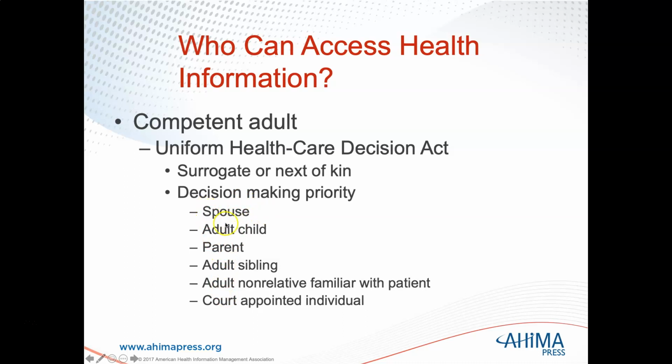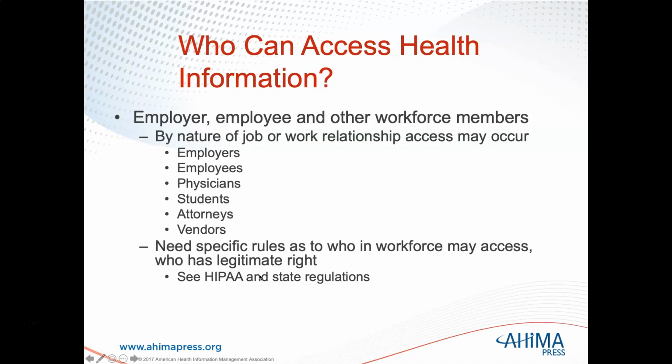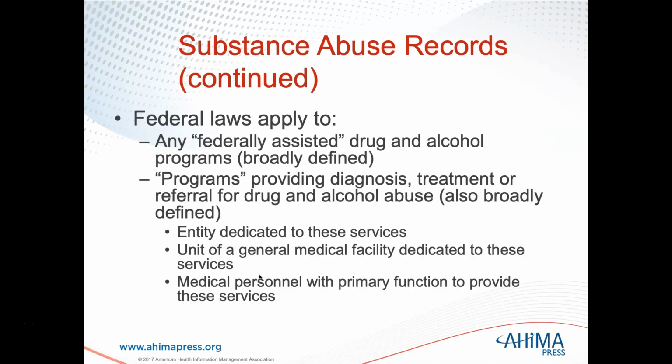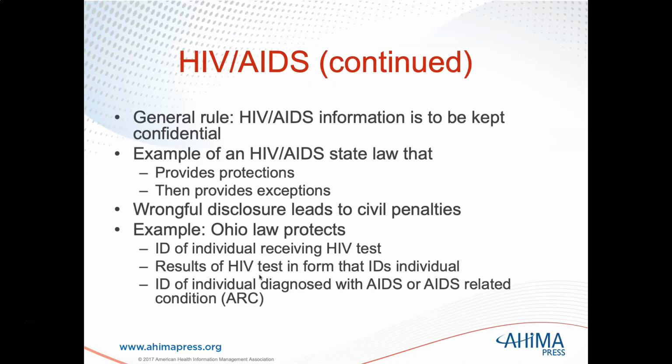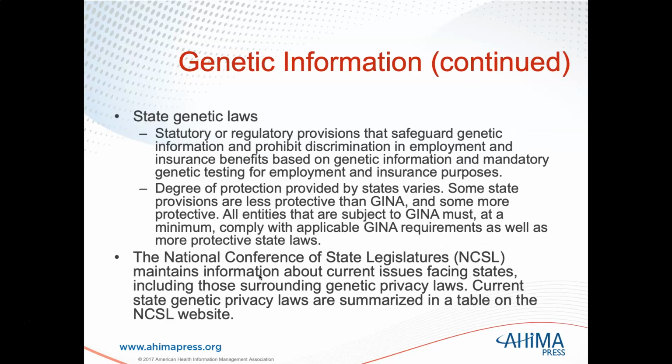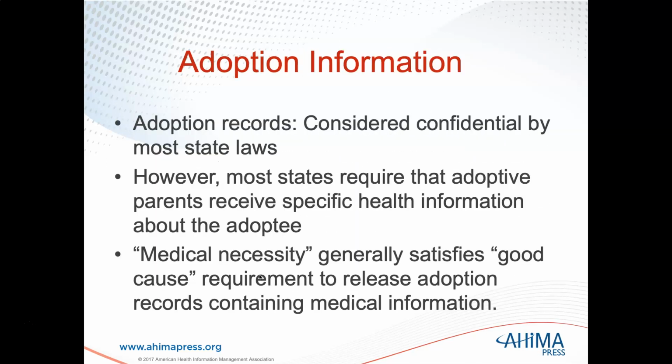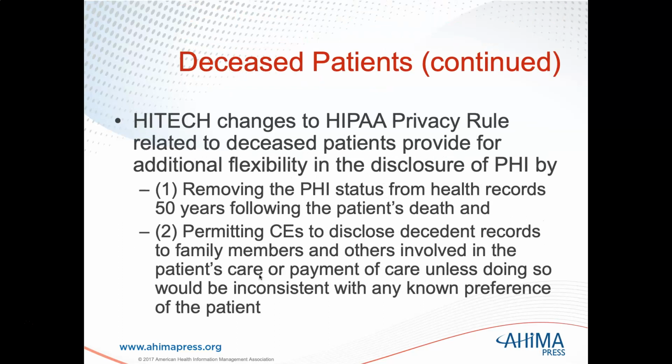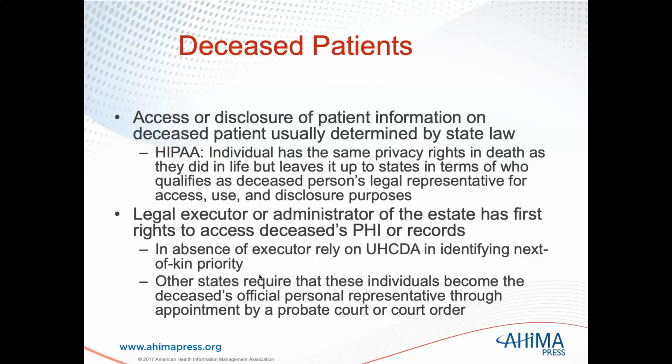So then the spouse would, then the oldest adult child would, and it goes on from there. So just wanted to bring that back to you because when you're talking deceased persons, you start with that executor or administrator, and if that doesn't work, then you use the next of kin information. Okay, so we covered that.